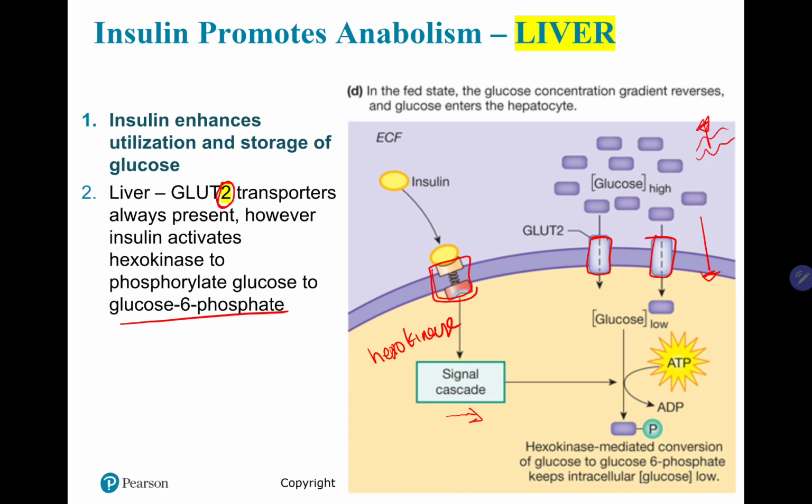And remember, through facilitated diffusion, they're going to want to go from an area of high concentration to an area of low concentration. But if we continue to tag these phosphates onto these glucoses, we're changing it. That glucose now is glucose 6-phosphate, helping continue to drive that glucose down its concentration gradient into the cell, from the extracellular fluid to the inside of the cell.